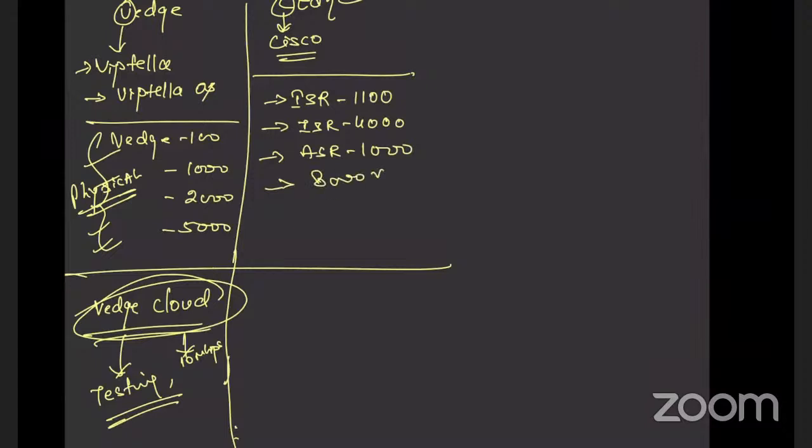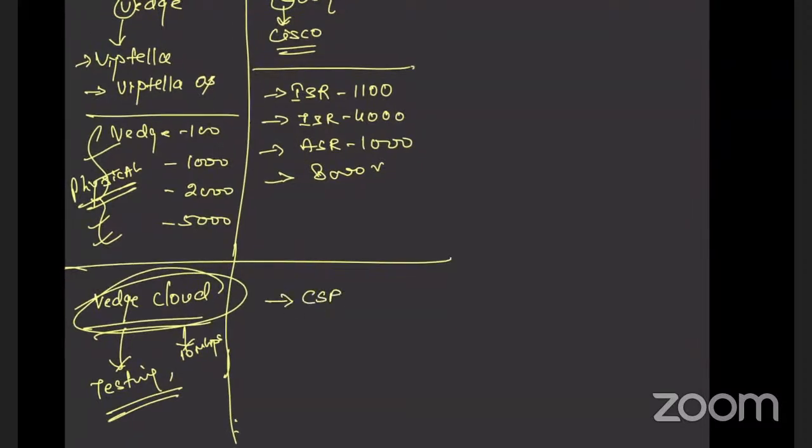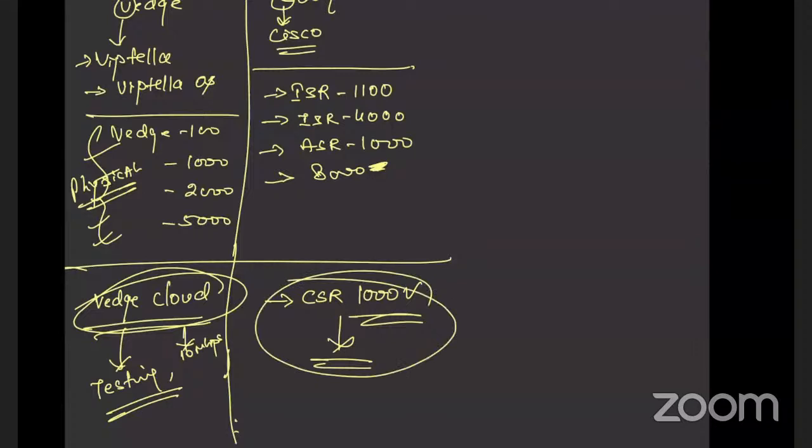And in the virtual form, you will have CSR 1000V, which is a virtual device, again not to be used in the production environment. Okay, so these are the physical series that are gonna support your SD-WAN infrastructure. So you need to have a model from these series.